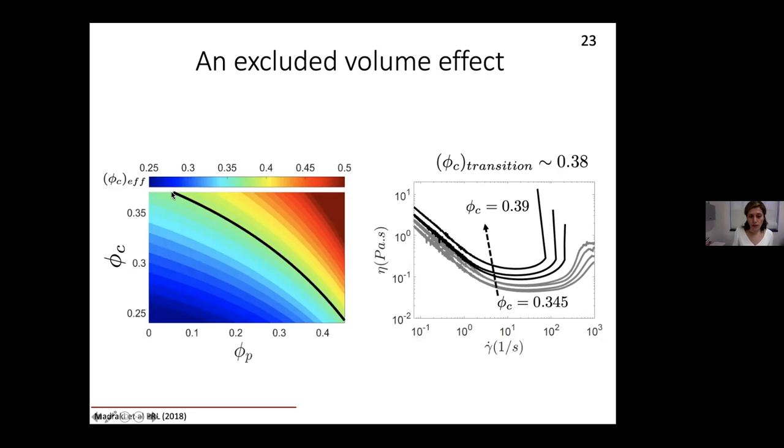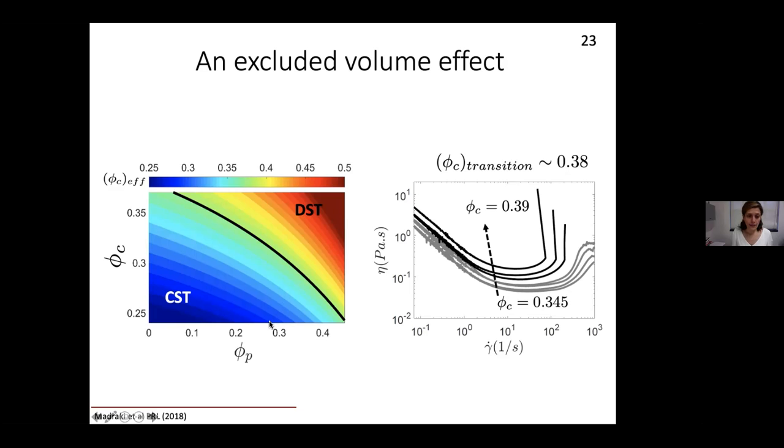So if I plot the iso-line of 38% here, what it tells me is that anything below this, anything to the left, should be continuous shear thickening, and anything above this line should be discontinuous shear thickening.